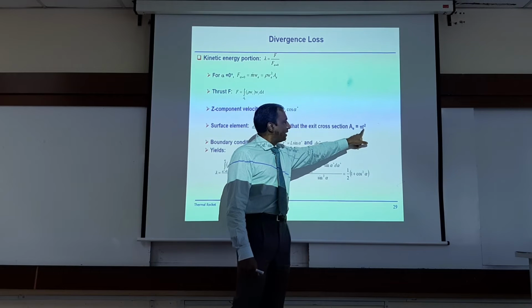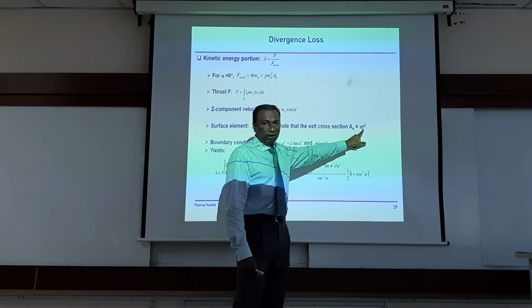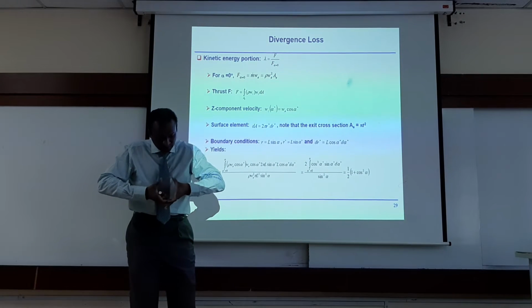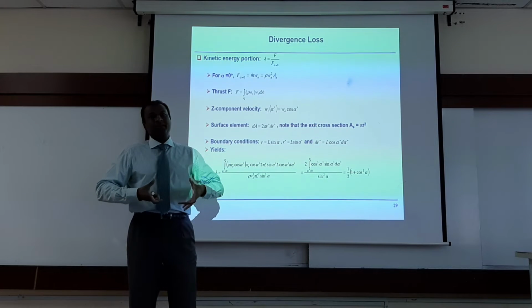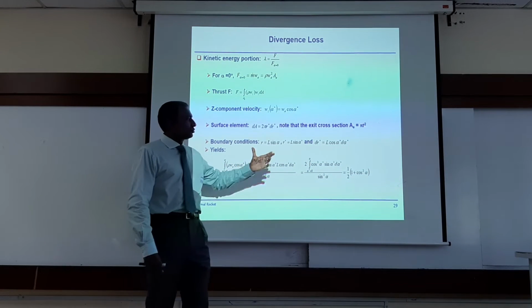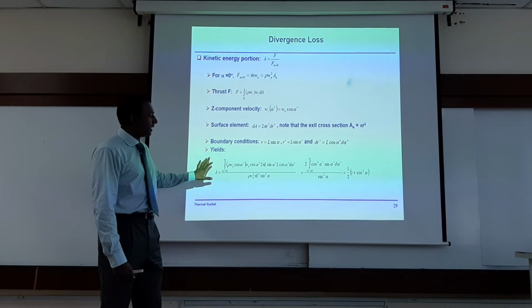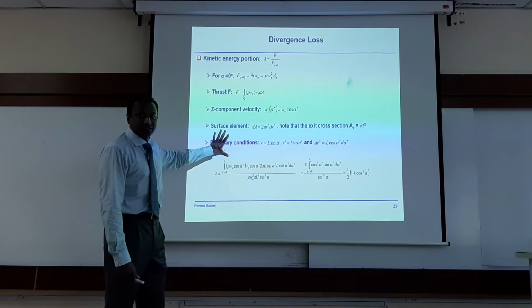For your throat, this is the diameter of the throat, but for your exit, it will be the diameter of the exit. So depending on how much you open up, that would be exactly your amount of surface outside. So if you do the integration, practically you should arrive at the exact lambda that I have calculated just now. This is just for your information, as I told you again.